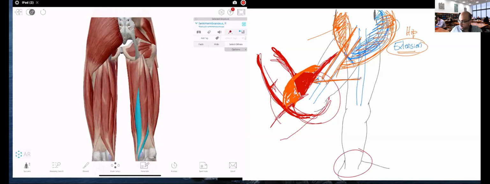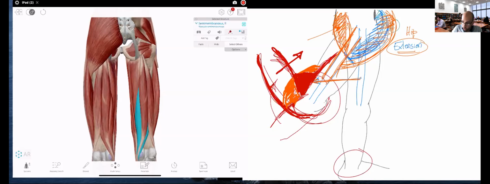So all this was the angle before I contract. Now when I contract the muscle, it's going to be pulling the leg backwards. And as I pull the leg backward, now this is the angle of the joint. Remember, the knee joint is located on the posterior side. So it's going to be a reduction in the angle of the joint. See, backward movement doesn't have to mean extension all the time.